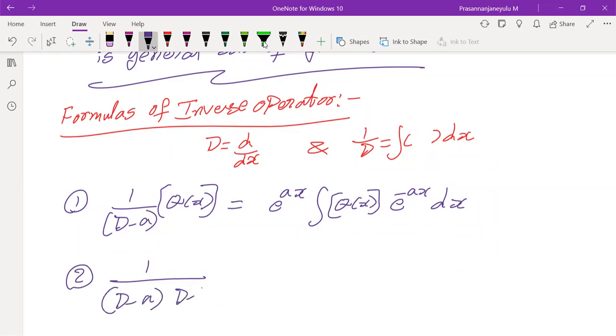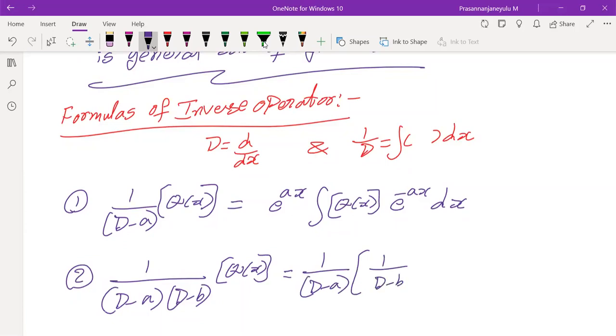of q of x, in the same manner, then what we have to do is, 1 by a into b of something is there, then we can write it as 1 by d minus a into 1 by d minus b of q of x.